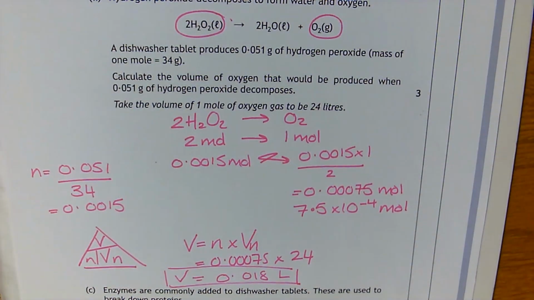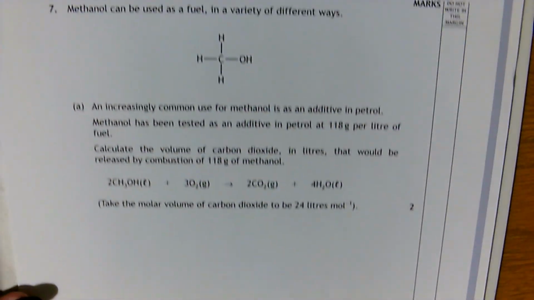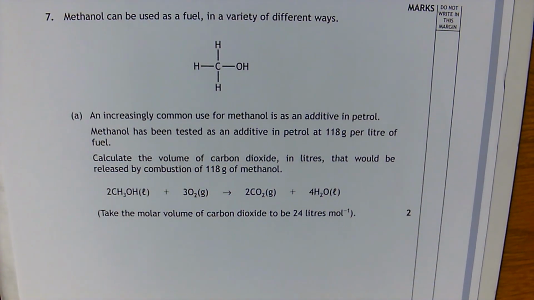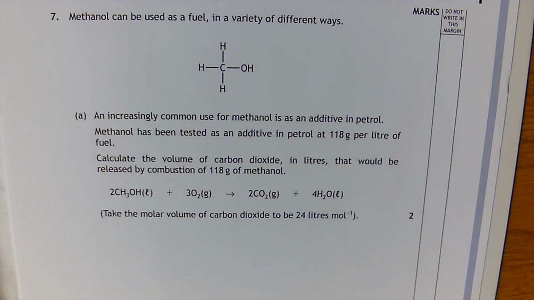Let's have a look at another exam style question. Here we have a slightly different style question. It says methanol can be used as a fuel in a variety of different ways.